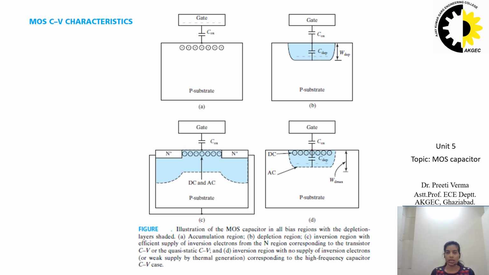Q inversion increases and decreases at the AC frequency. The inversion layer plays the role of the bottom electrode of the capacitor. Therefore, capacitance C reverts to C oxide in the inversion region.